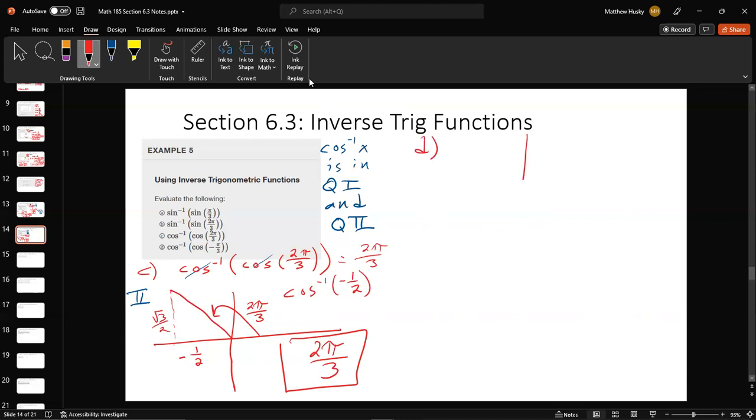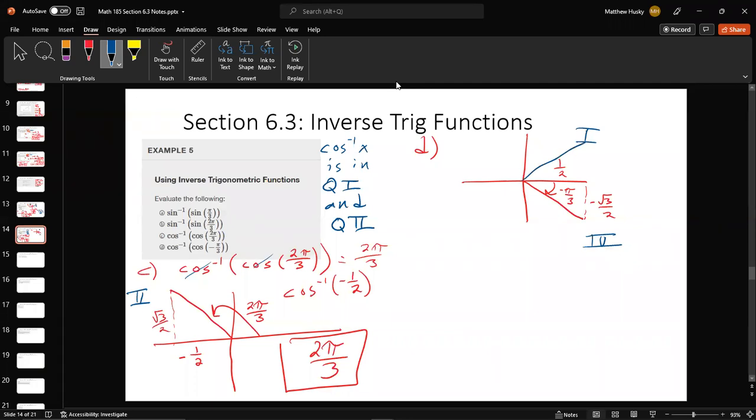So if we look at part D, what you will notice is that we have an inverse cosine of negative pi over 3. So we're going to have this angle right here, negative pi over 3. And this is going to be positive a half right here, and this is negative root 3 over 2 down here. I am in quadrant 4. I need to move up to one of the legal quadrants, either 1 or 2. In this case, it's going to be quadrant 1.